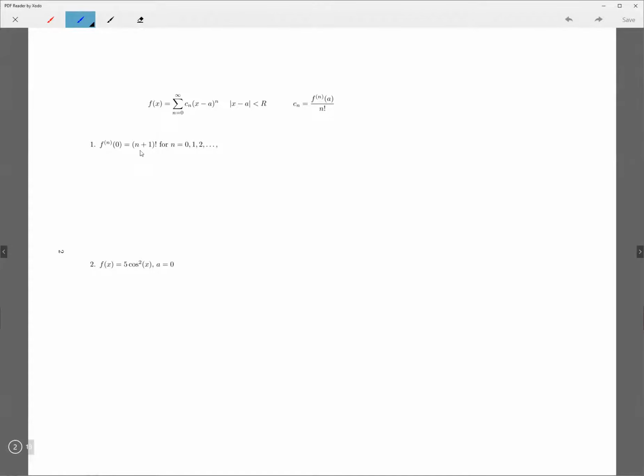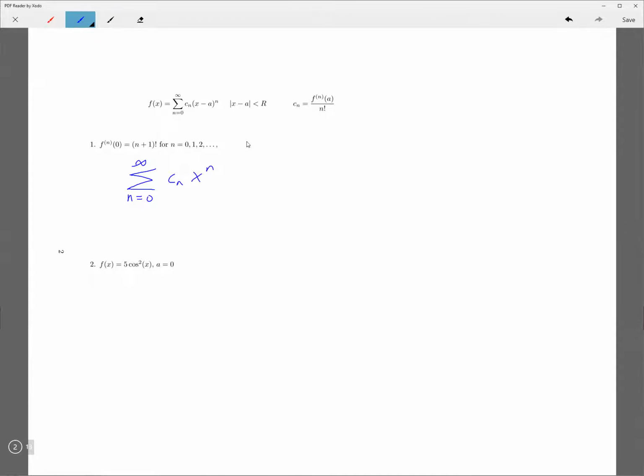Okay, now suppose that, so number one, it says find the Maclaurin series. And Maclaurin means that this A is equal to 0. Okay, so that's why there's a 0 there. So they want us to find the Maclaurin series, and again, it's going to be the sum of Cn x to the n.